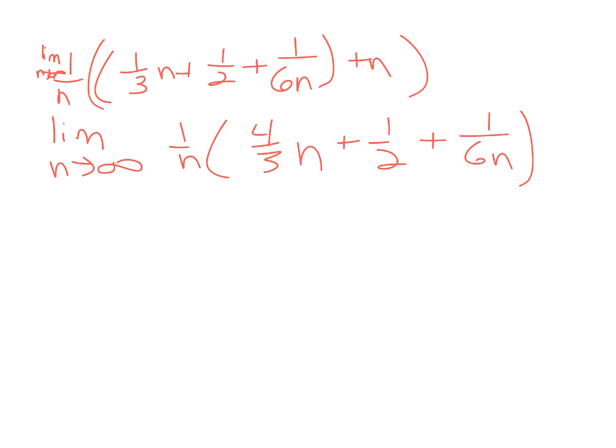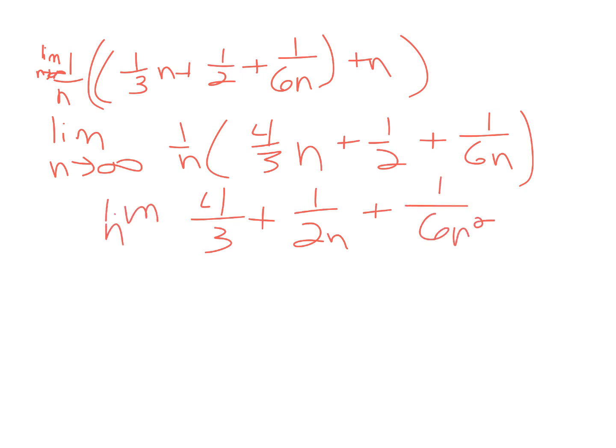And then distribute the 1 over n, we get 4 over 3, plus 1 over 2n, plus 1 over 6n squared. And this is where limits come into play. As we go to infinity, it will just be 4 over 3 plus 0, which will be equal to 4 over 3. There we go, we did it.